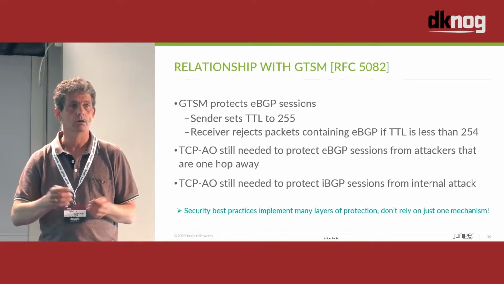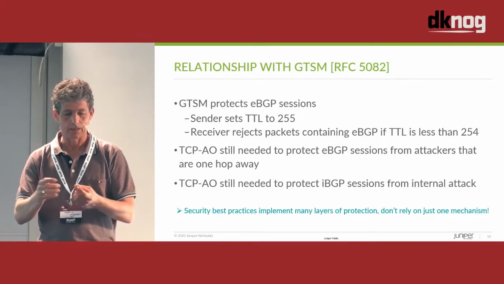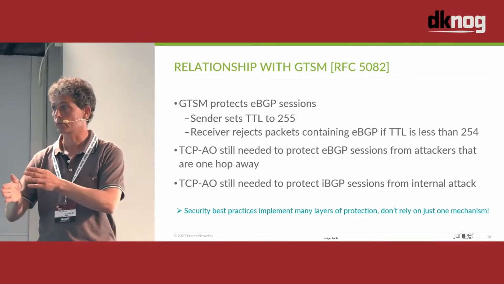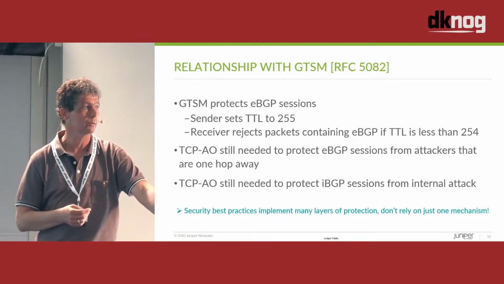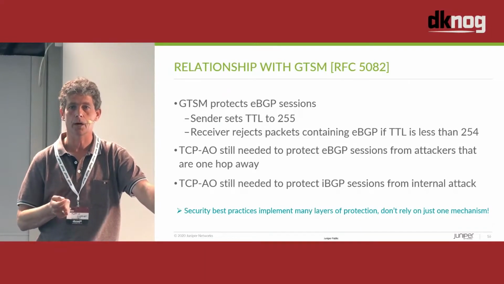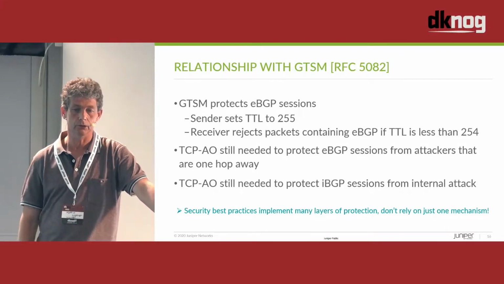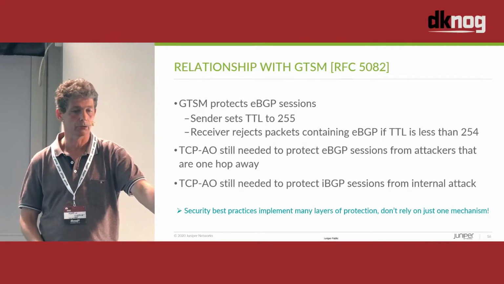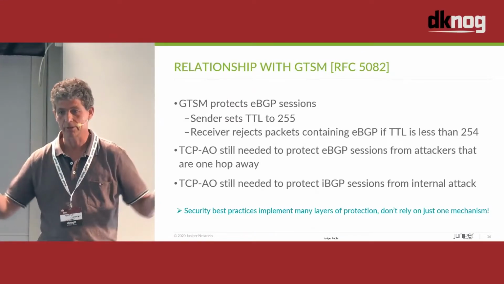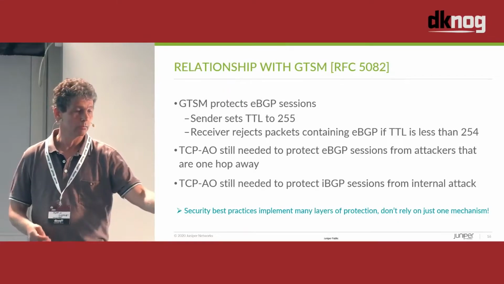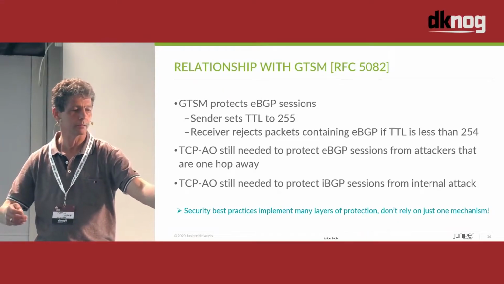ACLs can go wrong. You have an IP wrong. You have applied something wrong. You forgot something. You thought it was working, but it isn't. That's actually the worst thing, because suddenly somebody can come in behind your back and stab you in the back, and you didn't know. So we need more layers, and therefore what I want to come out of this is to encourage you to deploy all of them, because we really need them.